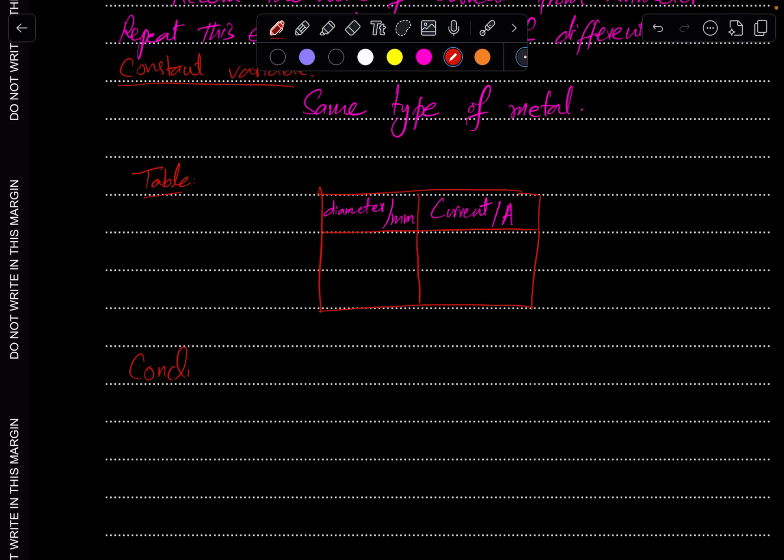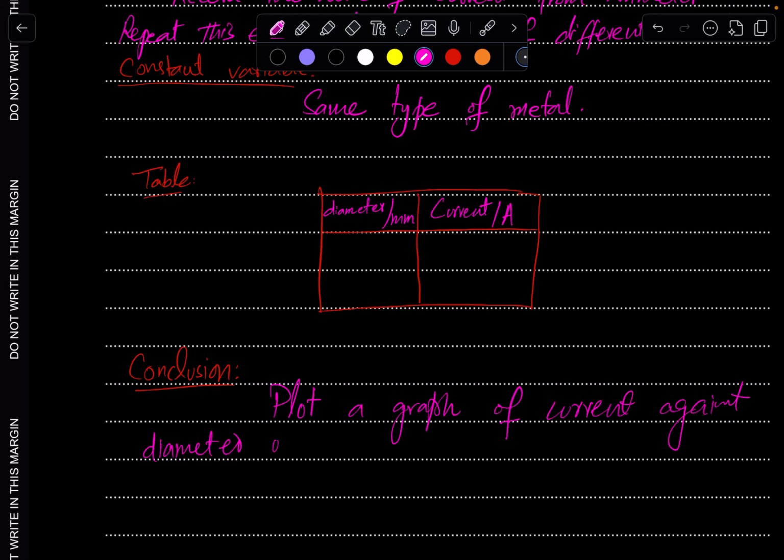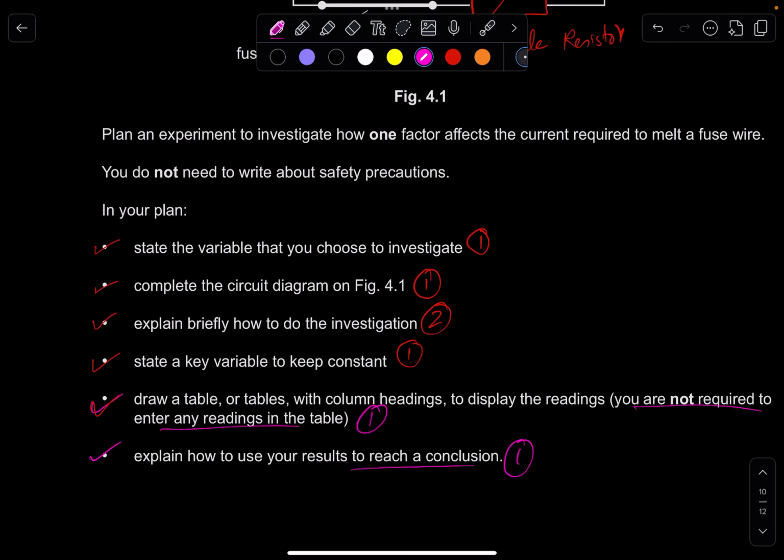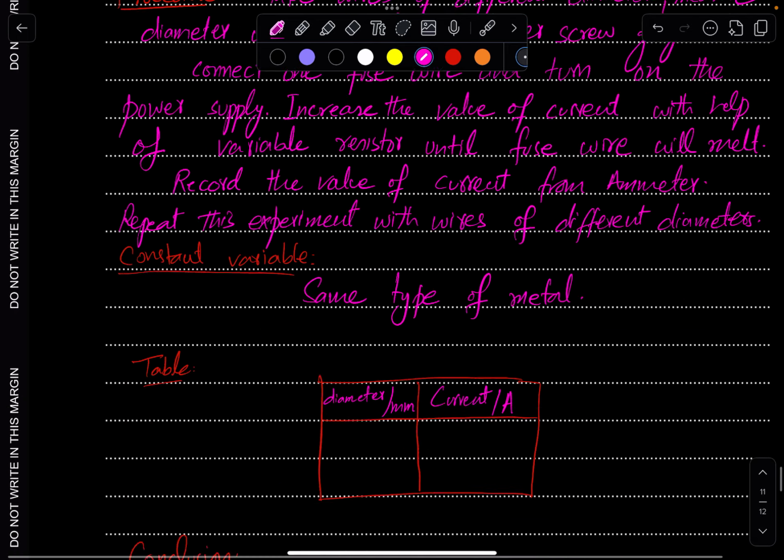Plot a graph of current against diameter of wire to compare the changes or the values, right? That is for the last 1 mark. So that is how you can get full marks in this question.